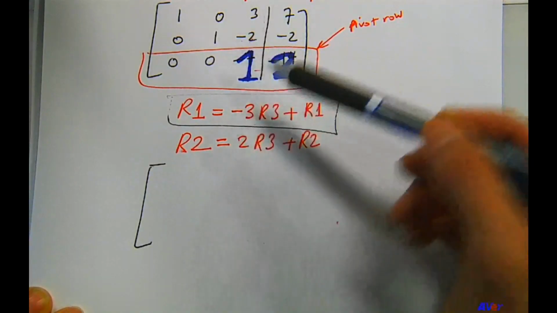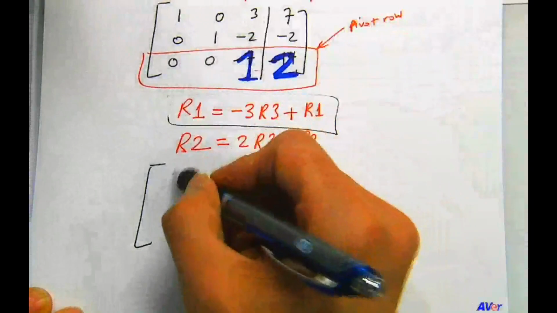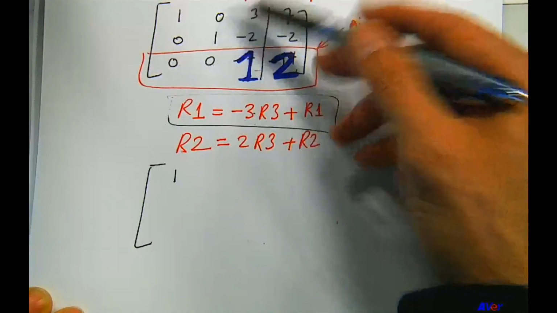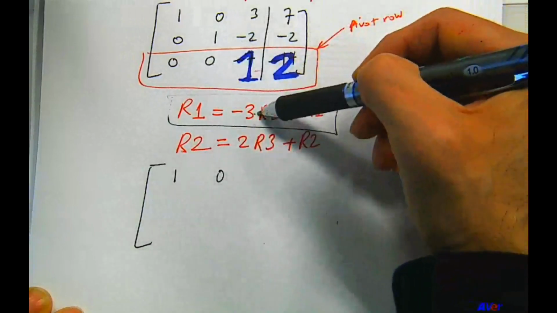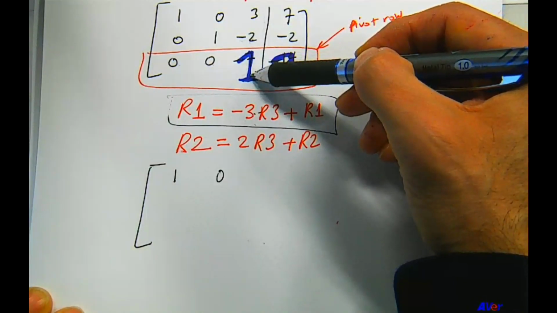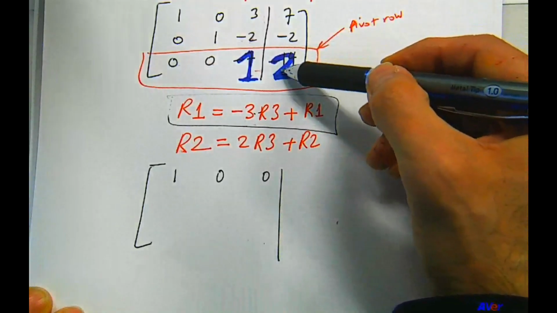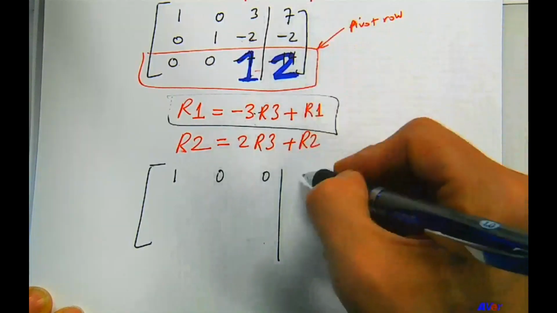Great, so -3 times 0 is 0 plus 1, 1. -3 times 0 is 0 plus 0, 0. -3 times 1 is -3 plus 3, 0. -3 times 2 is -6 plus 7, 1.